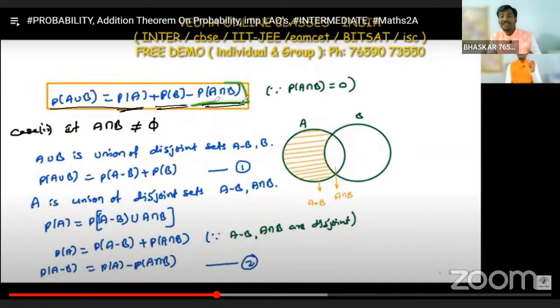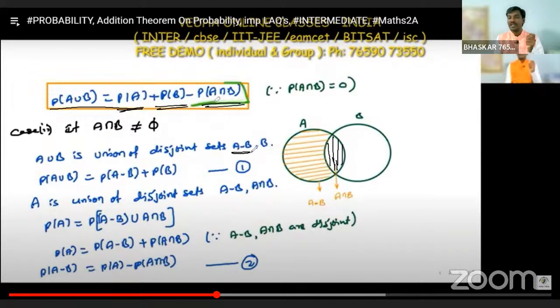If you want another case, then case 2: A intersection B is not equal to phi, meaning we have some common part, some common area. They are intersecting. In this case, how do we prove this? A union B is a union of two disjoint sets.